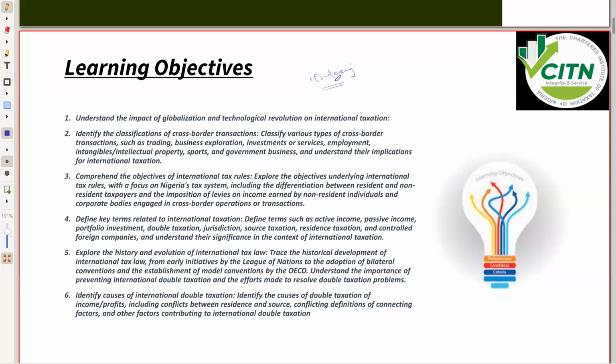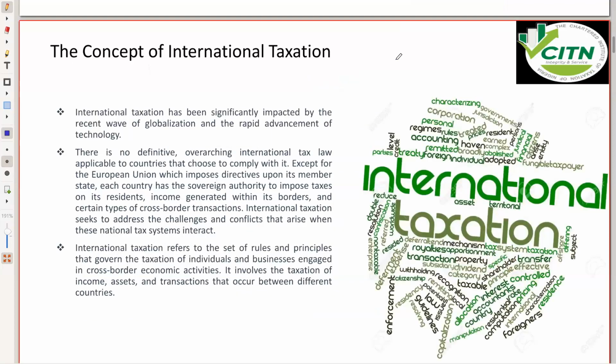So, like we said, where you stay, where you reside, doesn't really have much impact on where you earn your revenue from. Someone could be in Nigeria, for example, but generating all of their income from, say, the US. As an individual, maybe they're doing freelancing. As a business, maybe they have a fixed base in those countries, providing consulting services to people there.